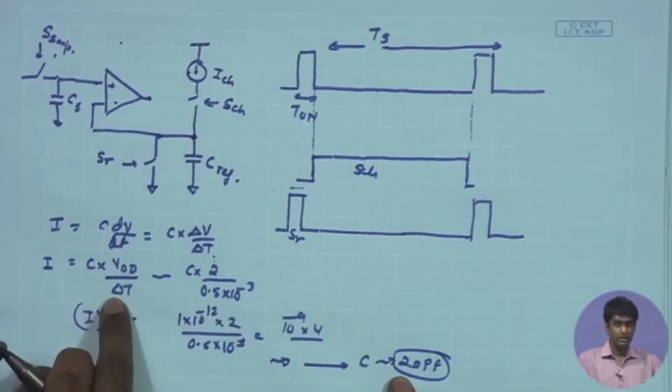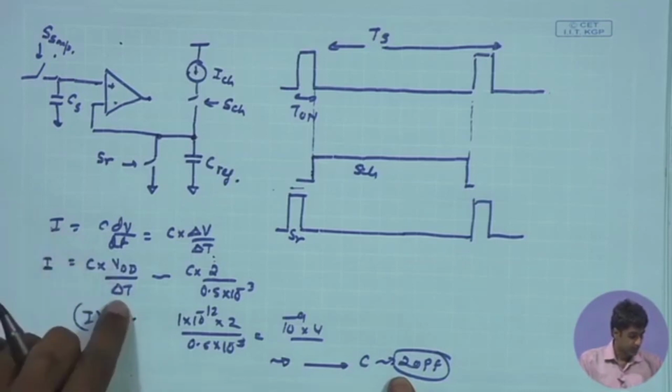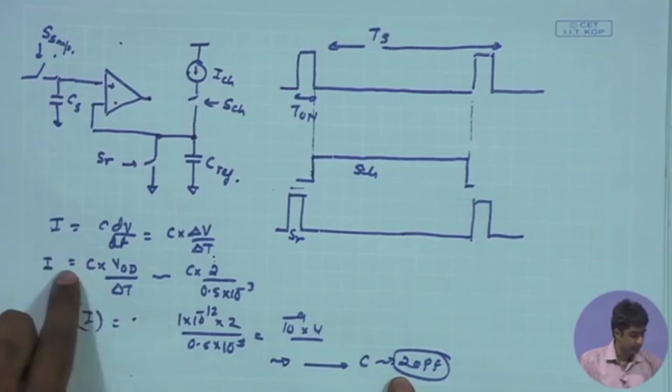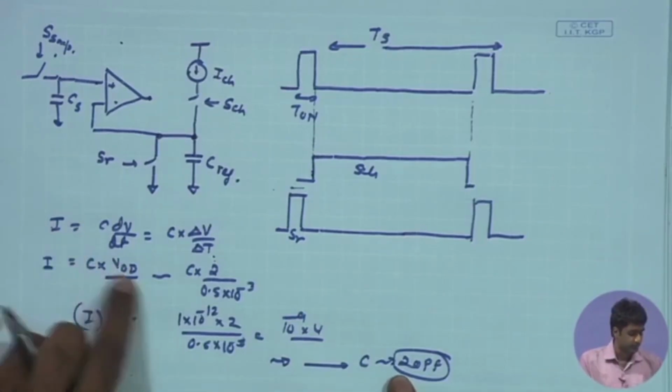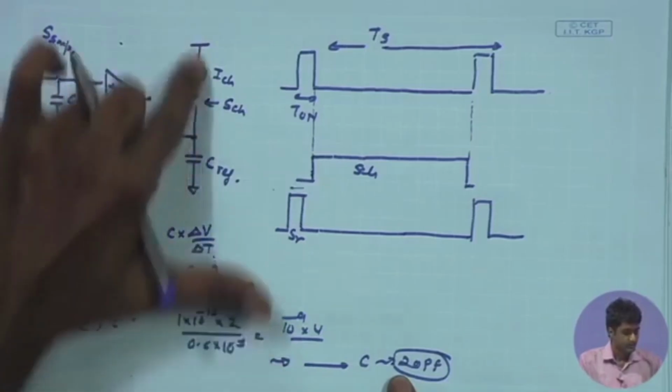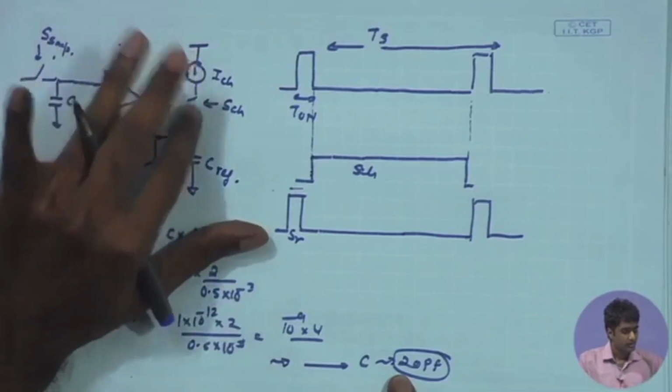So if I'm trying to use a larger signal frequency, or a smaller delta T over here, then of course for a given VDD, the I required also goes up further, and therefore once again the power consumption in this particular branch is going to go up.